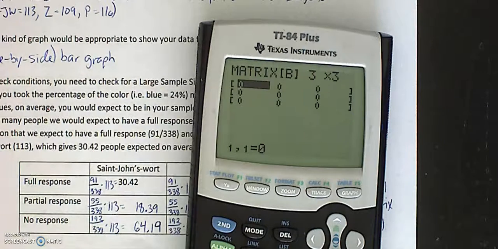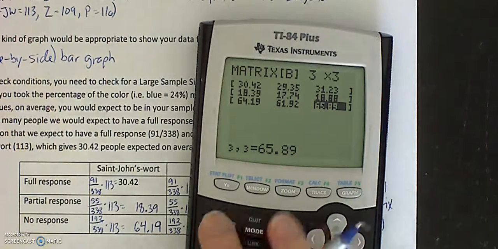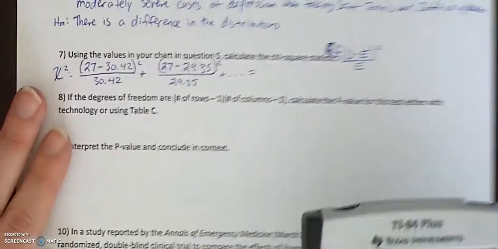And then take some time and enter those in. So do that now. All right, so now we have our expected in our Matrix B. So if you go back to matrices, you should see that you have two matrices that are filled in, A and B. A for your observed, B for your expected. Now, how does this help us calculate our chi-square statistic?